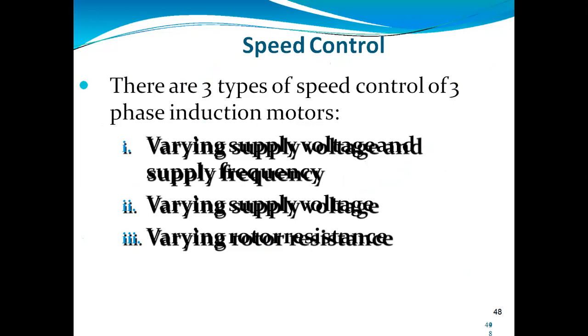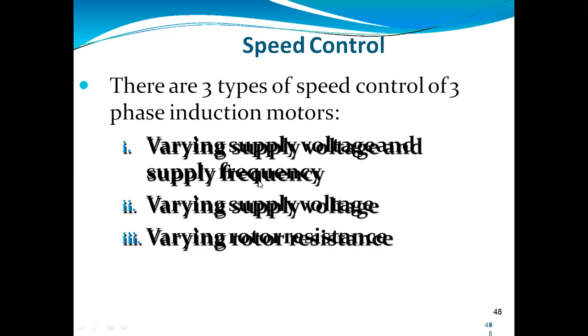So we have formulas in which the speed is related to the supply voltage, the rotor resistance, and the supply frequency. How? We get the equation Ns equal to 120 F upon P, so synchronous speed is directly proportional to the supply frequency.